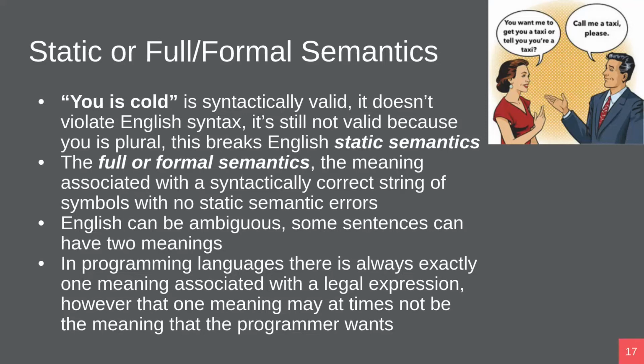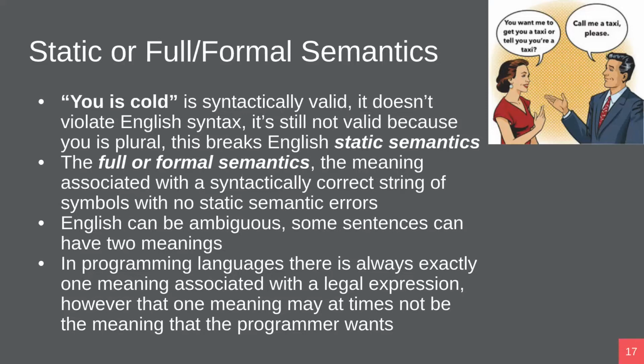Secondly, it's syntactically valid, okay? Just like this gentleman here saying, "Call me a taxi." There's nothing wrong with that sentence. But because it's an ambiguous sentence, it can have multiple meanings. This violates the full or formal semantics of the language.